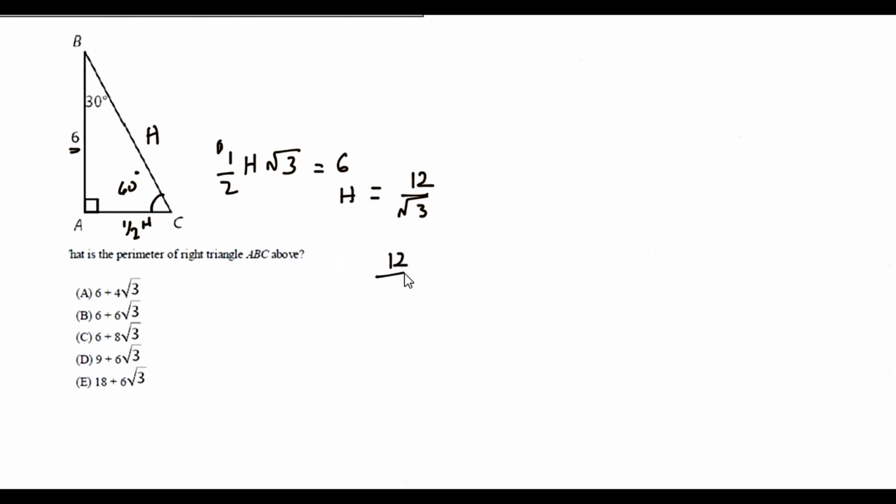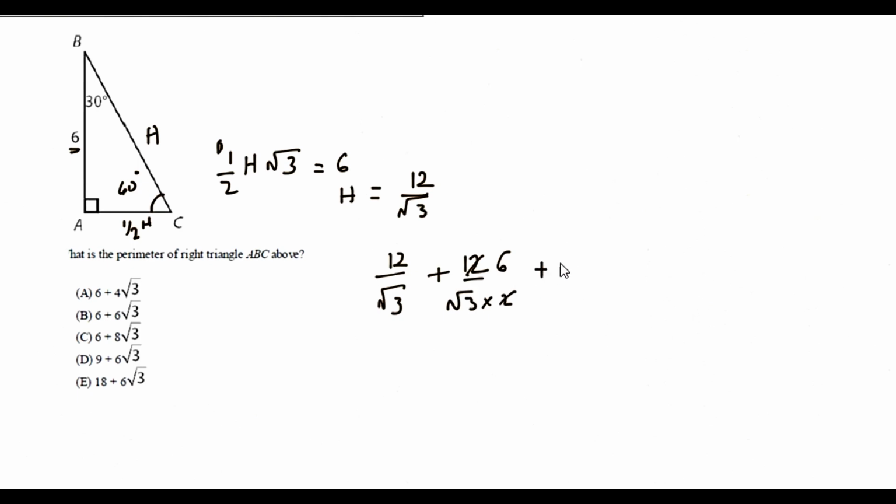So 12 over root 3h, and I have mentioned over here that the side that is opposite to 30 is simply 1/2 the hypotenuse, right? So 1/2 the hypotenuse, so it will be 12 over root 3 into 2, and 2 is outside the root. Please don't make this mistake in the exams.